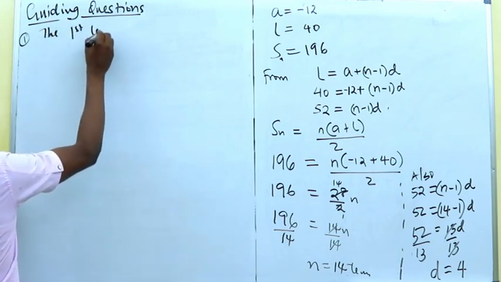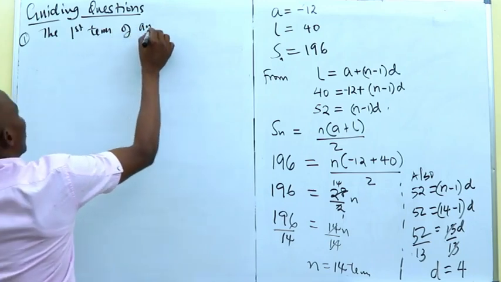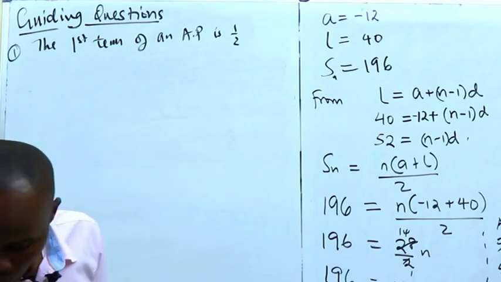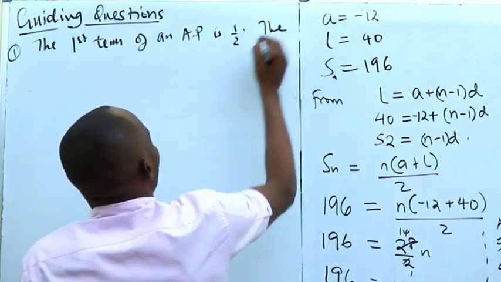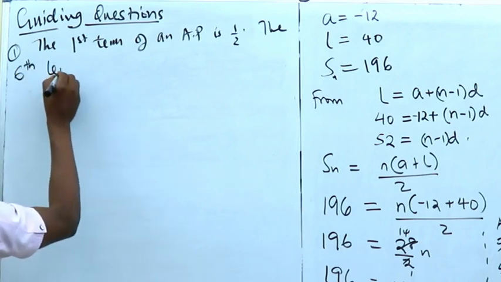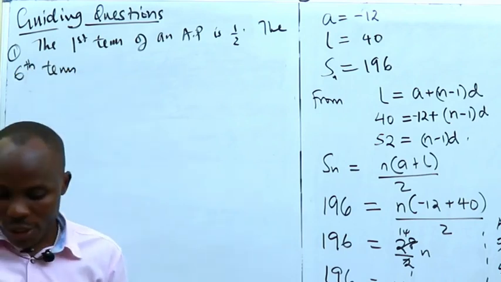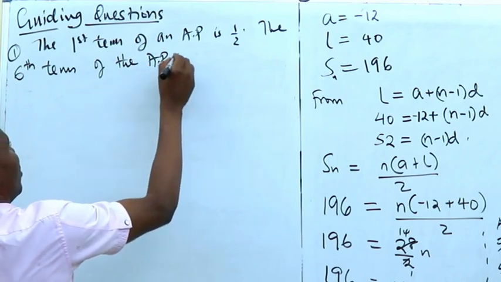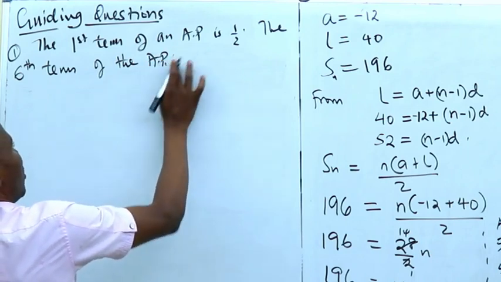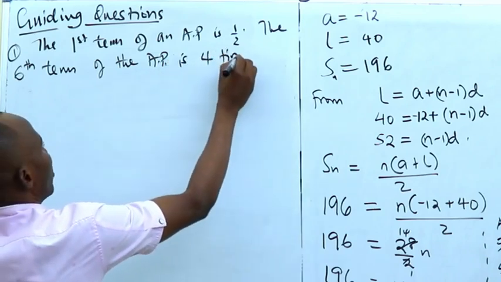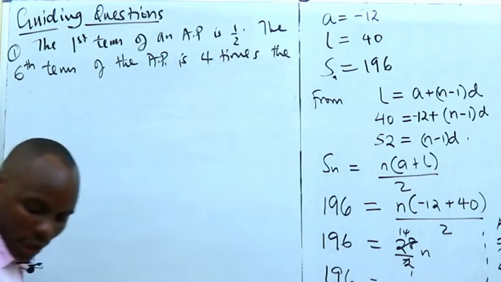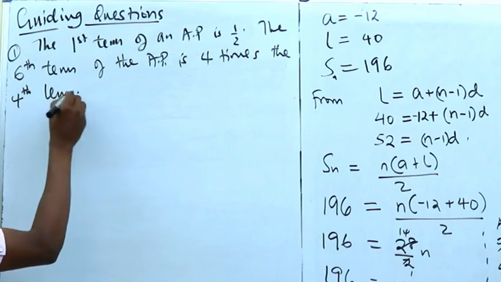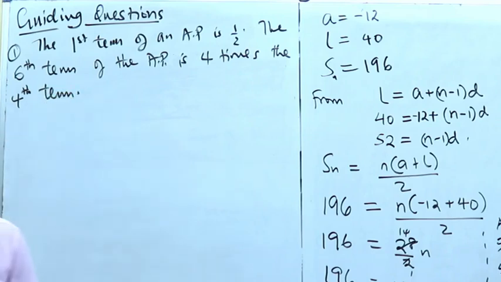The sixth term of the AP is 4 times the fourth term.